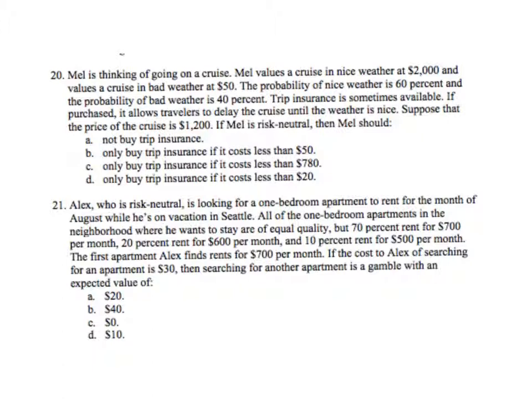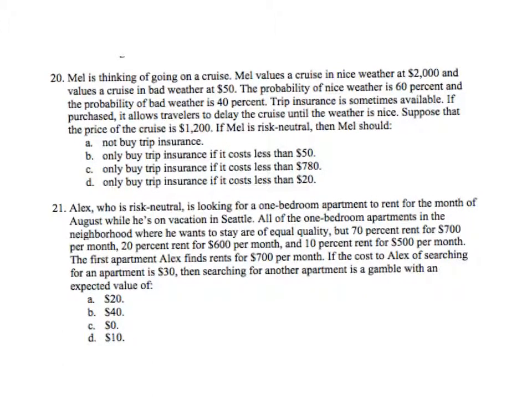So let's think about Mel's expected value of the trip if he has no insurance, and then if he has insurance. The difference is his willingness to pay for insurance.